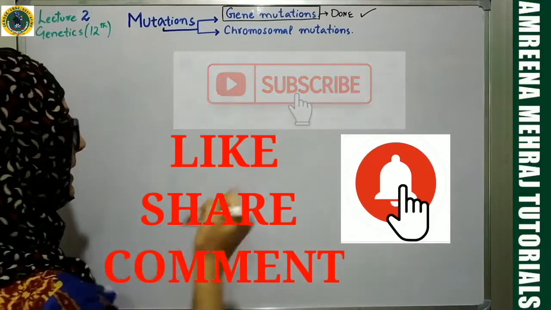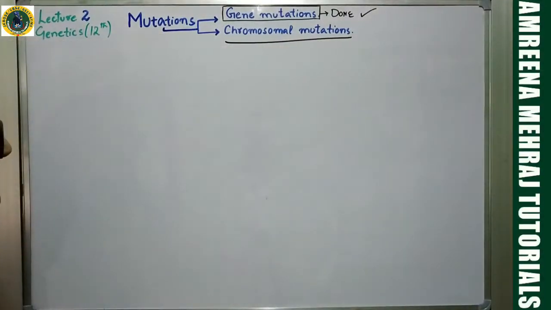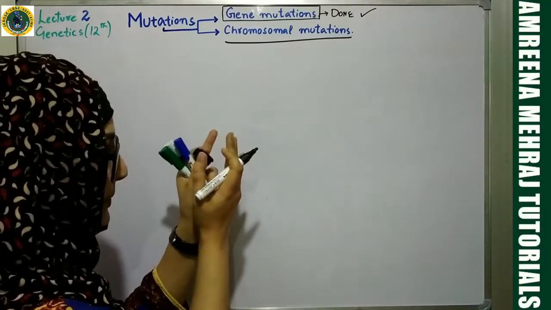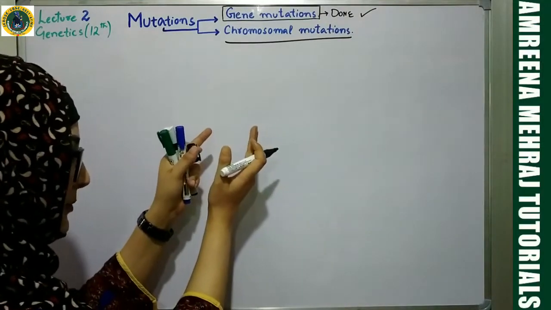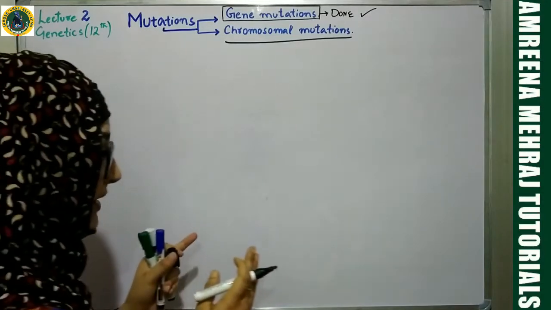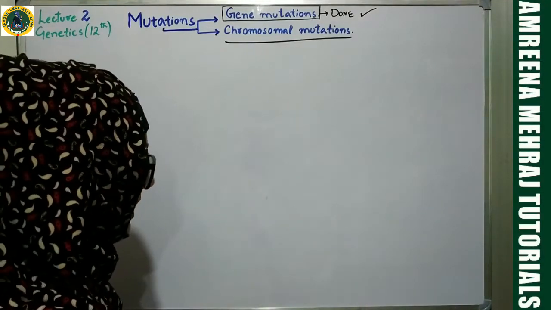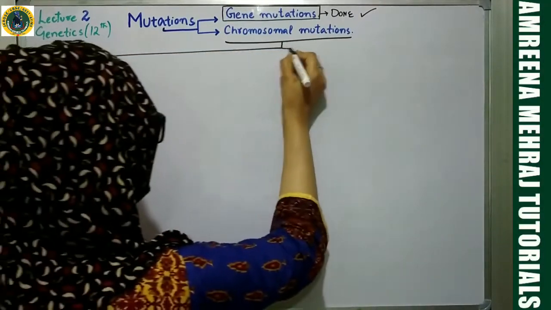Let's get started with the chromosomal mutations. Chromosomal mutations are, my dear students, those mutations which happen to the chromosomes. That means either you will find the number of the chromosomes increasing or decreasing in this particular case. Even you will find certain changes whereby the structure of the chromosome is getting changed. So chromosomal mutations, accordingly, you can classify into two types.